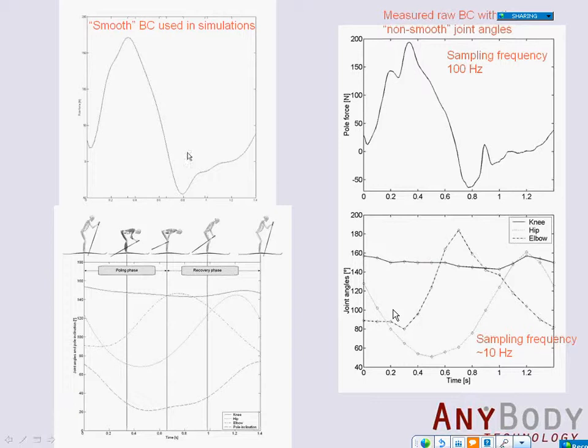If we go over to the left here, we have a much smoother curve where apparently the motion now fits the pole force curve much better. There is some loss of accuracy, of course, but on the other hand, the boundary conditions now fit together and the simulation model works.